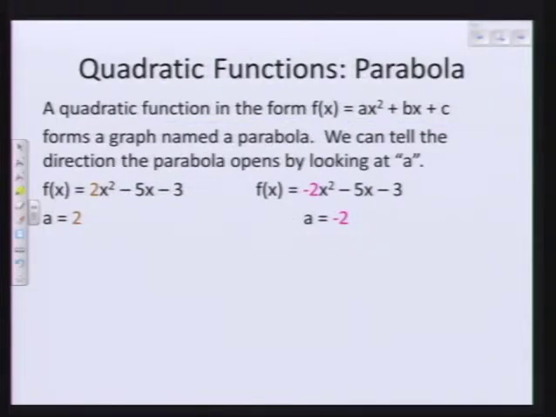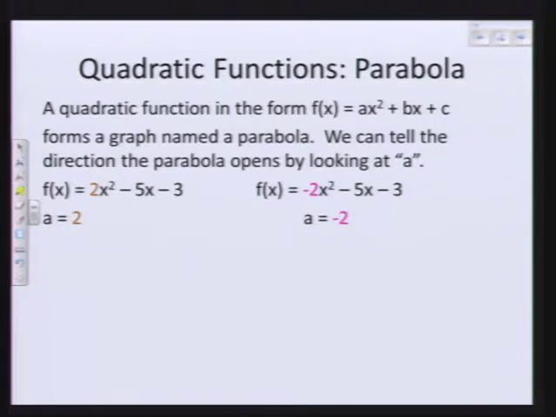We're looking at the graphs of quadratic functions. And quadratic functions have associated with them something called a parabola, which really is their graph. So a quadratic function in the form of f of x is equal to ax squared plus bx plus c forms a graph named a parabola. We can tell the direction the parabola opens by looking at a.